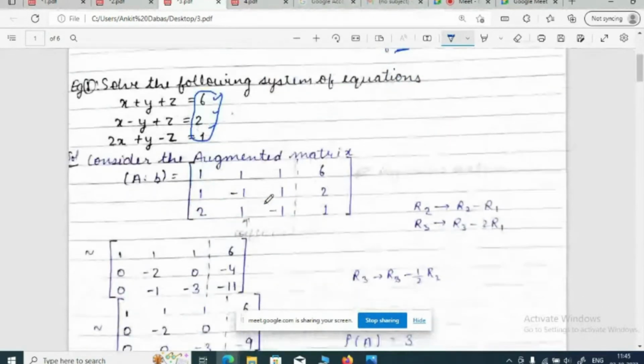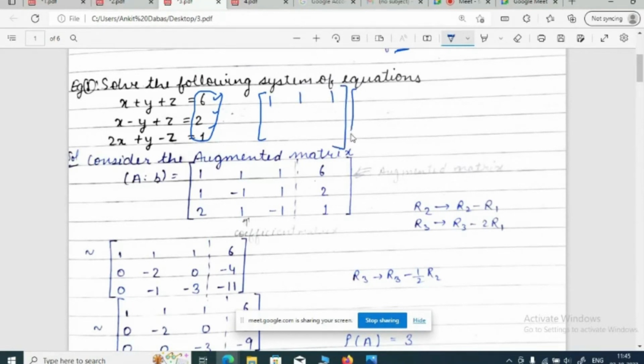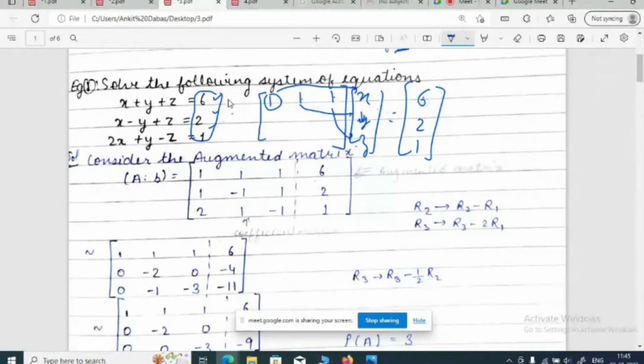So we are asked to solve the following system of equations. In this, we can write the equation in matrix form. Here we will write the variables x, y, z, and this is equal to 6, 2, 1. While multiplying, this term gets multiplied to the first term, this to the second, and this to the third. So the equation turns out to be x plus y plus z is equal to 6, which is the first equation.